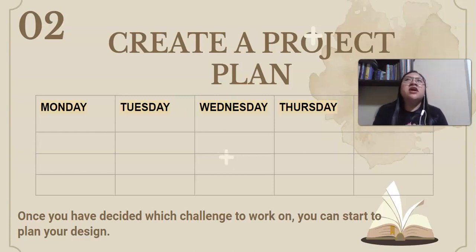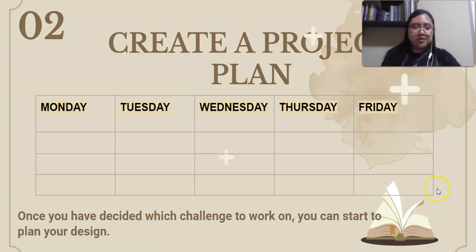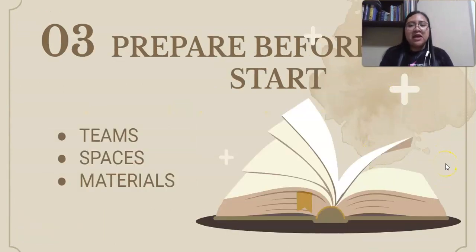Okay, how can I fix this? And how can I involve my students? So we are going to create a plan. What are you going to do Monday, Tuesday, Wednesday, Thursday, and Friday? And if you are going to work just for 1 week or 2 months, 3 months, how long you want to develop this activity. So you have to create your plan.